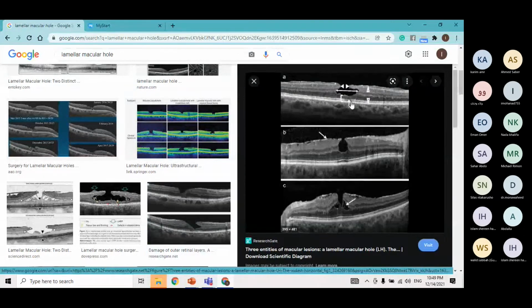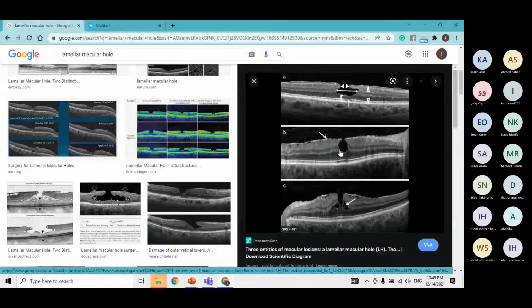Let's see this one. This clearly demonstrates the difference between the lamellar hole and the pseudo hole. This is the anvil shape like of the lamellar hole, and you notice that the thickness of the remaining part of the retina is thinner than the normal retina. On the contrary, this is a case of a pseudo hole. In the pseudo hole, what happens is that there is an epiretinal membrane formation, which causes thickening of the retina in the perifoveal area.